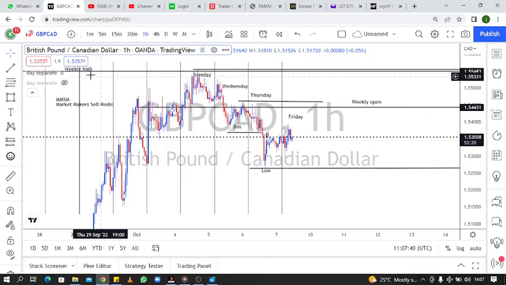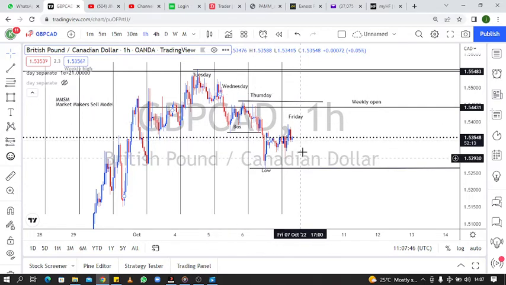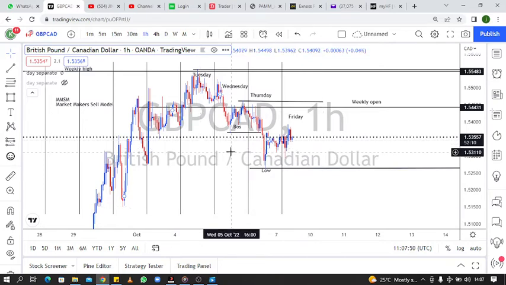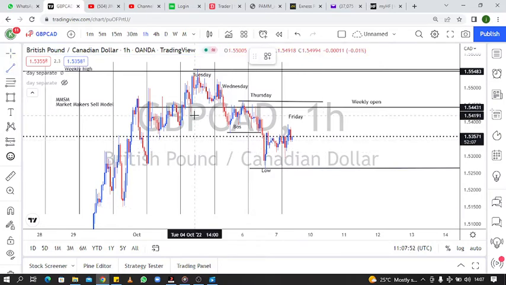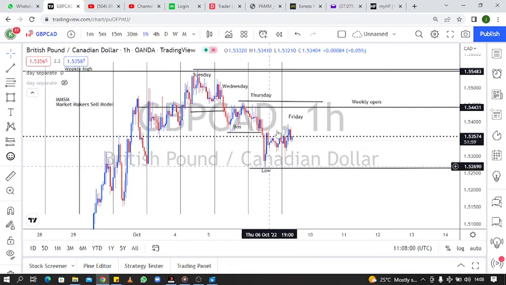That's why this weekly high, the market could not go past this weekly. We are always looking for a sell. Even today we are looking for a sell. Just like that, we are continuing to sell downwards as the market kept on breaking structure. You see, it kept on breaking structure, forming a lower low, a lower high, lower low, lower high.